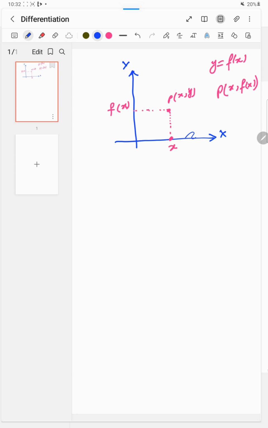If we make some change, let's suppose this is our x, and we take a point equal to the change in x, so it becomes x plus del x. Similarly, on the y-axis a change will also appear. Let's suppose this is our new point Q, and correspondingly this becomes f of x plus del x, because the variable has changed.